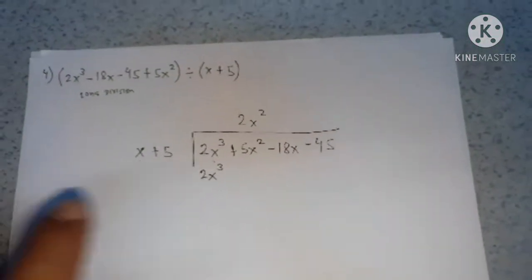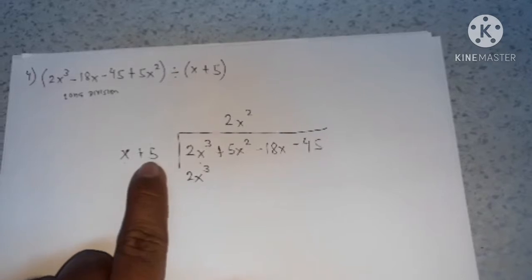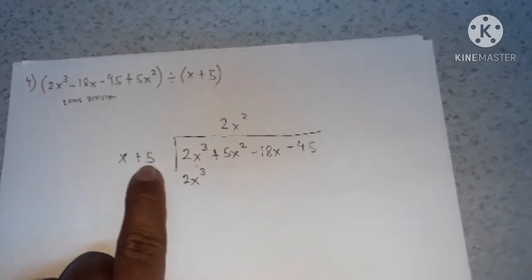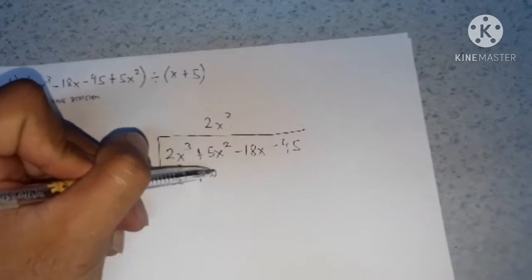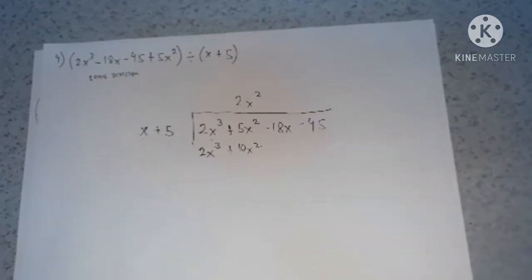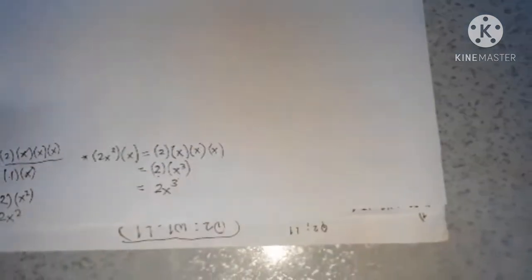Then next, you have 2x squared times positive 5, so that is equal to positive 10x squared. Paano nangyari yun? You have 2x squared times 5. Labo.